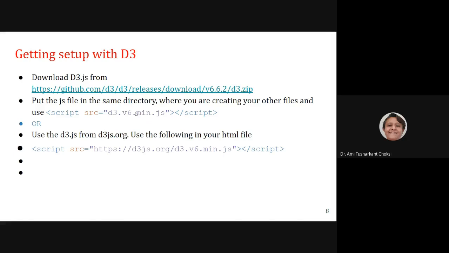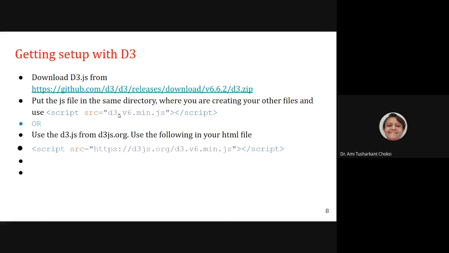It may be the case that if you are providing the full path, over there the d3 v4 version may be available, right? So that you may be able to use. So take care that whatever you have downloaded, use the same in the script source and put it in the same directory where you are creating your other files.